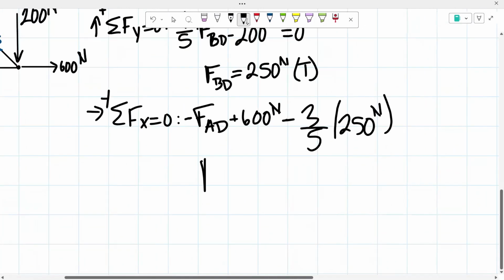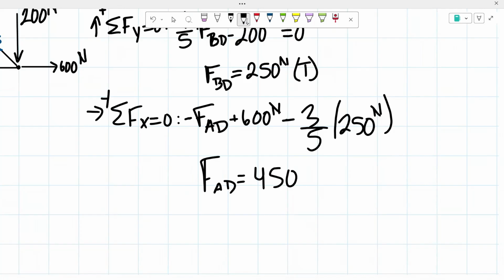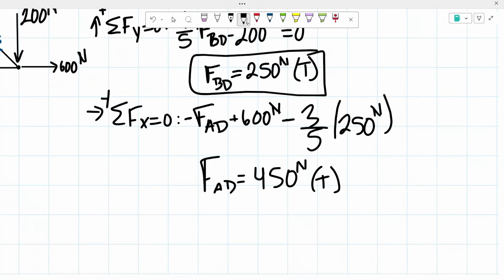And with that, if we solve for force AD, we end up getting that it has a value of 450 newtons, positive number, so that means that once again, it's in tension.